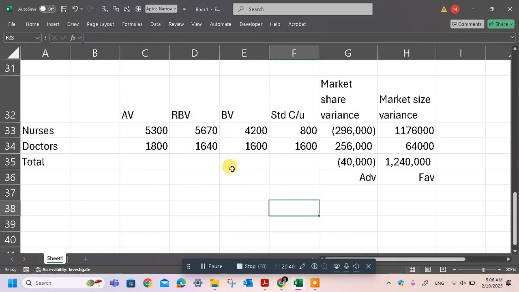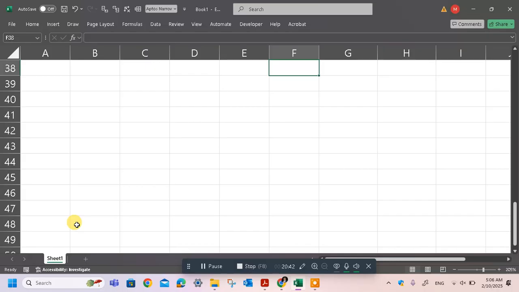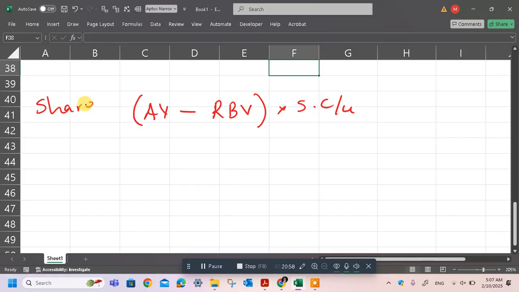Okay. Now look, we have formulae like this. Actual volume minus revised budgeted volume into standard contribution per unit. This is market share variance.